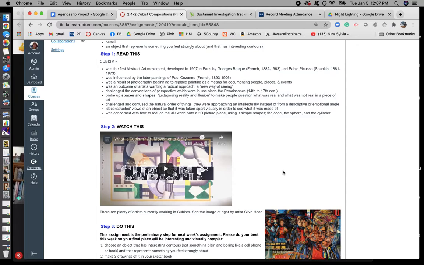But 100 years ago, back in 1907, two artists, Georges Braque and Picasso, were painting together, and they were influenced by Paul Cézanne, who was a French painter who died in 1906. And he started pushing the limits of realism in art.